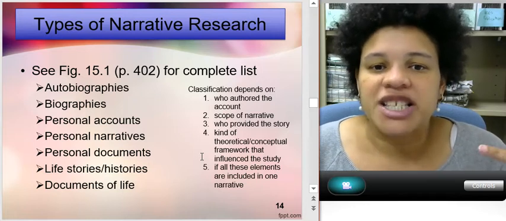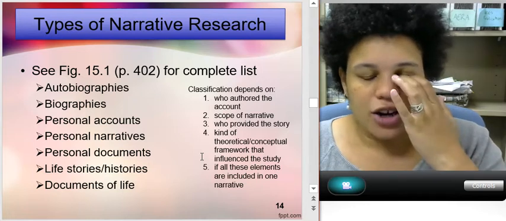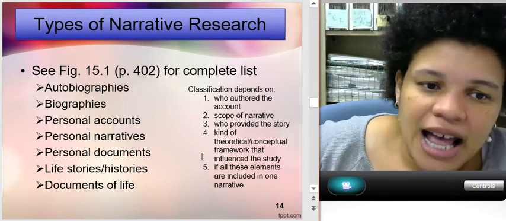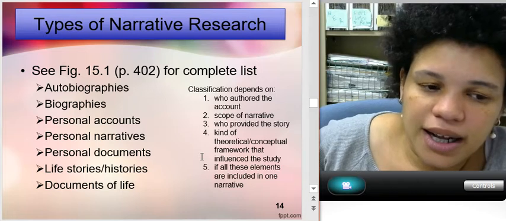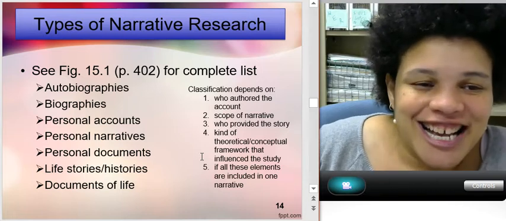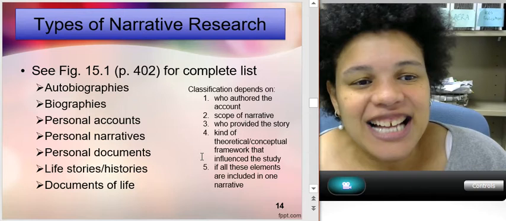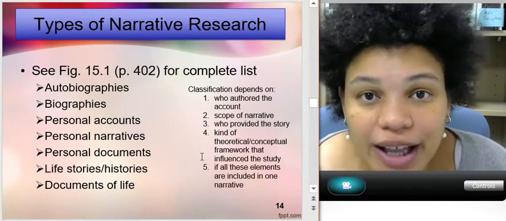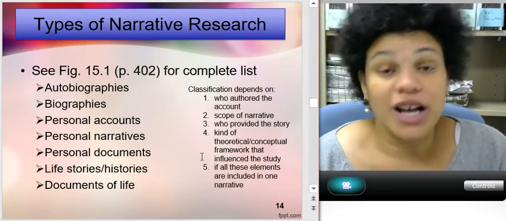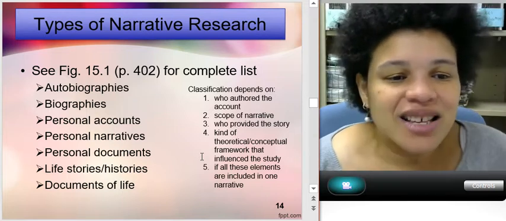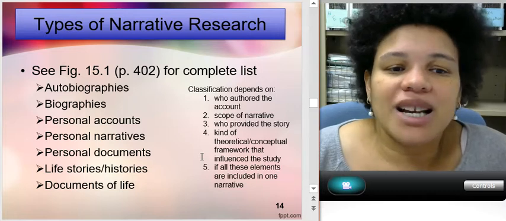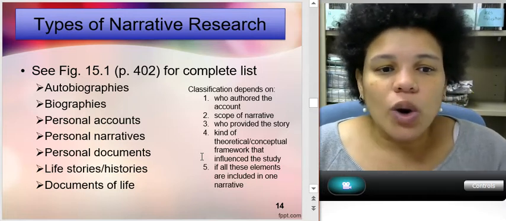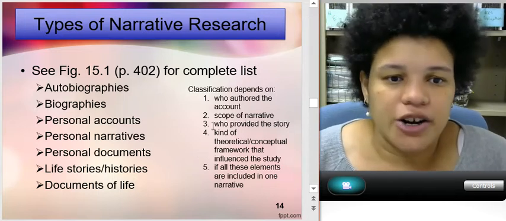I think of birth certificates and obituaries, the kind of things that mark special occasions in our lives. And classification on what kind it is depends on who authored the account. Was it the person whose story it was, or was it someone else? The scope, the theoretical conceptual framework, and what kind of elements are included in the narrative.